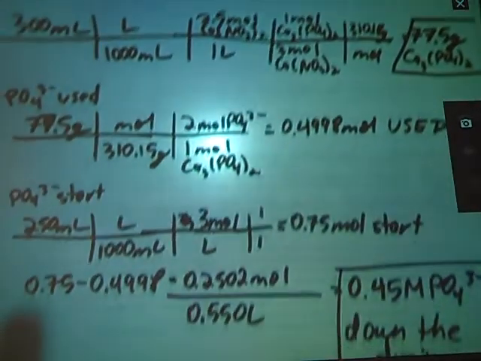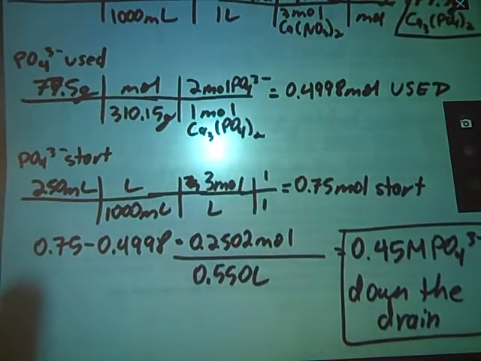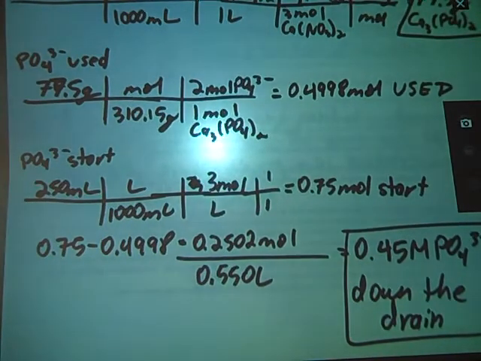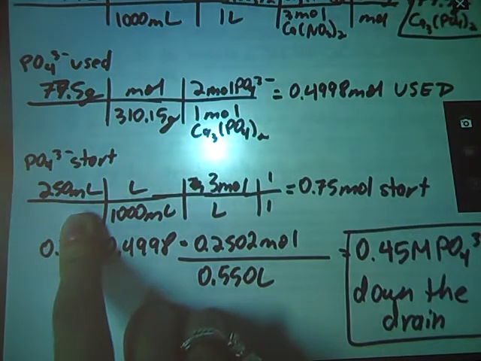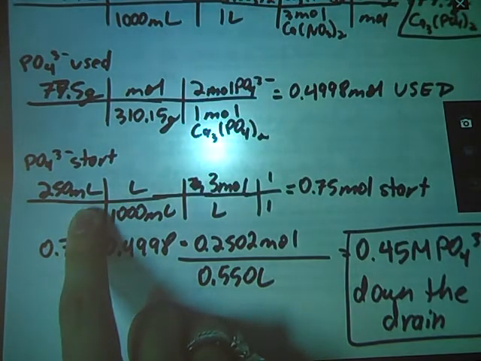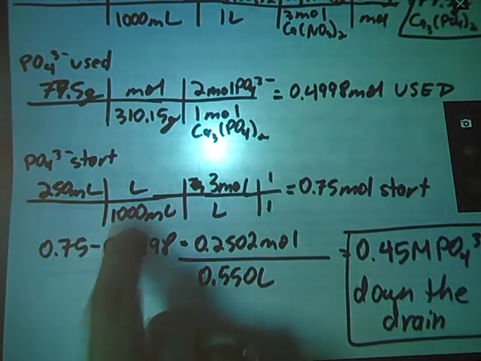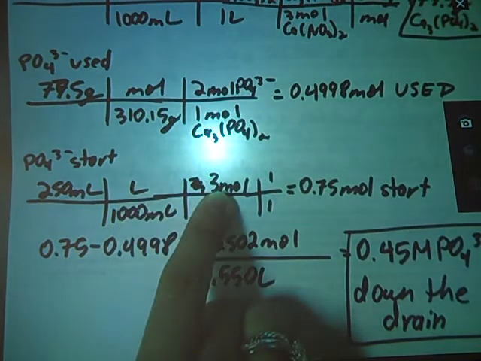But I need to know how much is left in my solution. Means I need to know how many I started with. Since my phosphate came from my sodium phosphate solution, that's where I'm going to begin, with my 250 mL of that sodium phosphate solution. Don't like milliliters, convert to liters. It was a 3 molar solution.